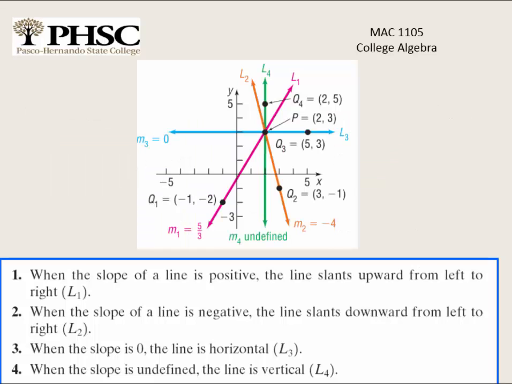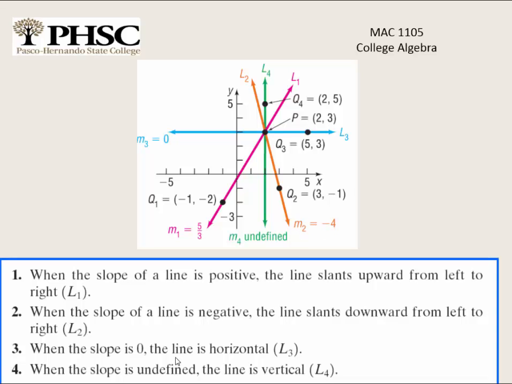Here we have the diagram that shows us different lines: L1, L2, L3, L4. When the slope of a line is positive, the line slants upward from left to right, and that would be the pink line, L1, which has a slope of 5/3. When the slope of a line is negative, the line slants downward from left to right, and that would be line L2, the orange line, and the slope for that particular line is -4.